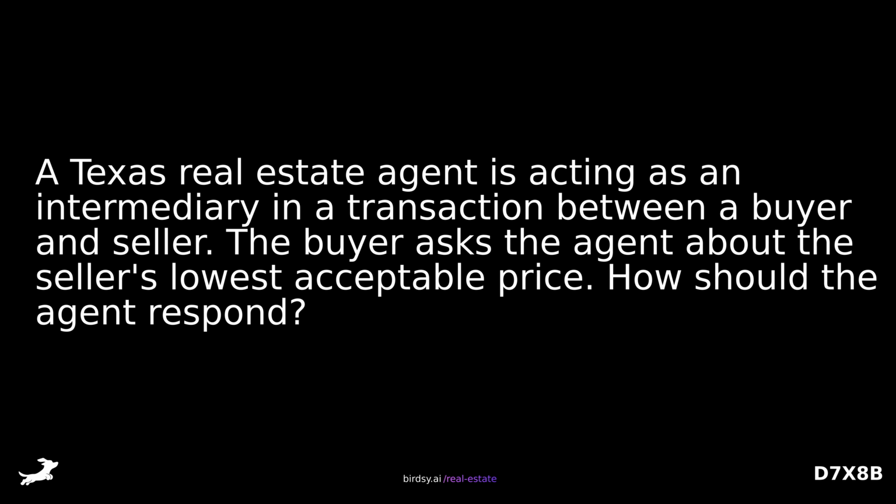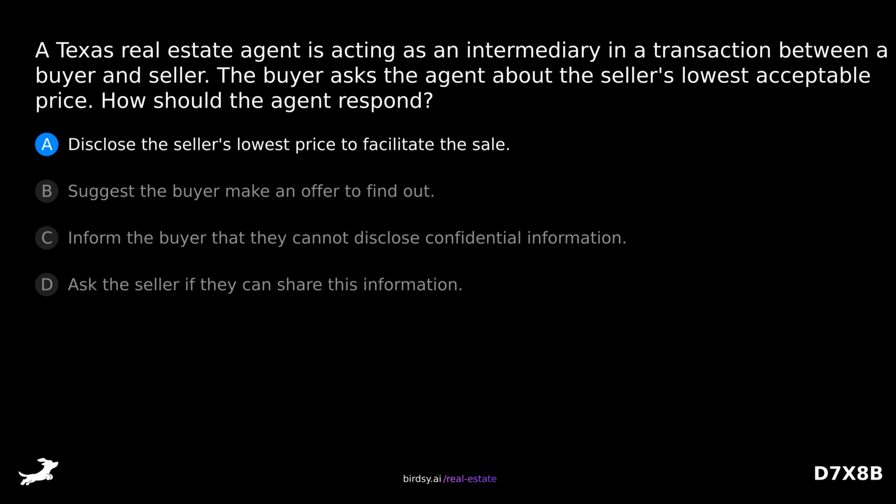A Texas real estate agent is acting as an intermediary in a transaction between a buyer and seller. The buyer asks the agent about the seller's lowest acceptable price. How should the agent respond? Is it A, disclose the seller's lowest price to facilitate the sale? B, suggest the buyer make an offer to find out?